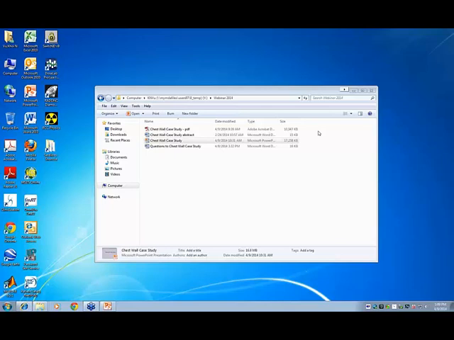Let's see. So that one, I'm not sure exactly what area is not covering the chest wall.